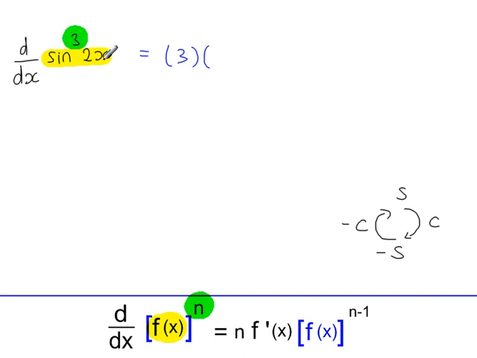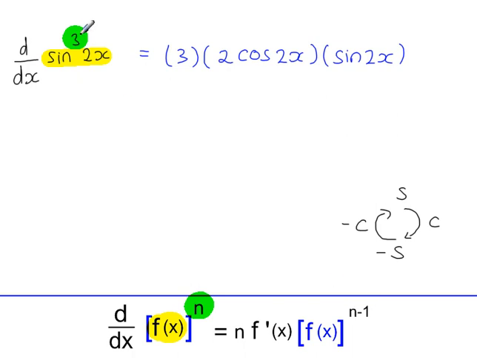So differentiating sine 2x will give us 2 cos 2x times the original function, which is sine 2x, to the power of n minus 1.